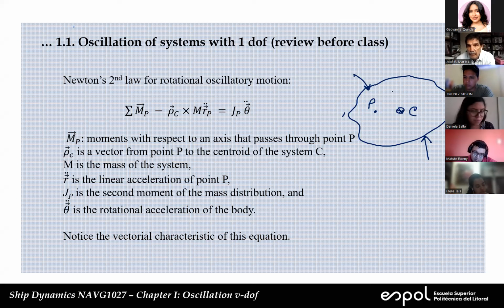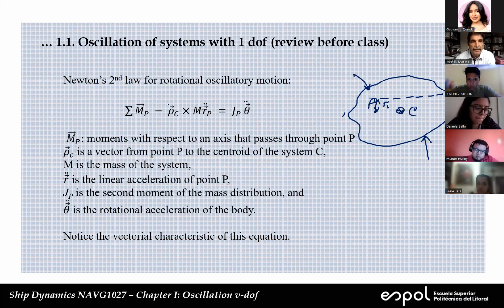For example, this one here will have, you can draw the line of action here, and if this is F sub i, this would be r sub i, and the product will be M sub P1. And you have to do it for all the terms. You have to be careful with the signs, positive or negative. So that's this one here, M sub P. In this summation, you have to consider all the forces acting on the system.